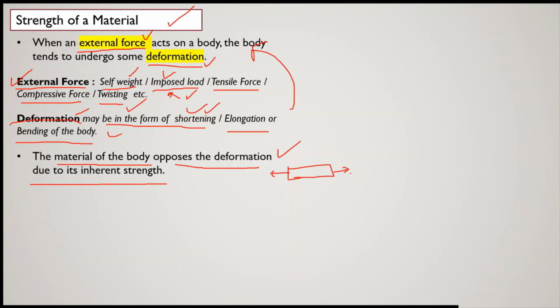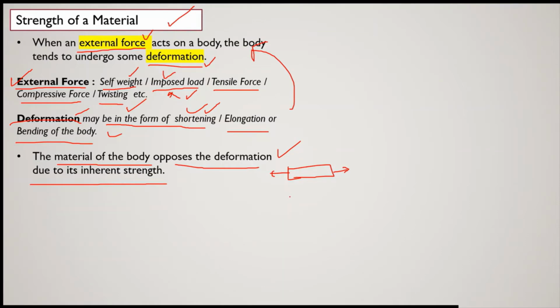Now what will happen if you apply some force? It does not mean that on the application of that force this member will elongate. No. If it is not elongating on applying the force, and you go on increasing the force, then maybe at some stage it can elongate.